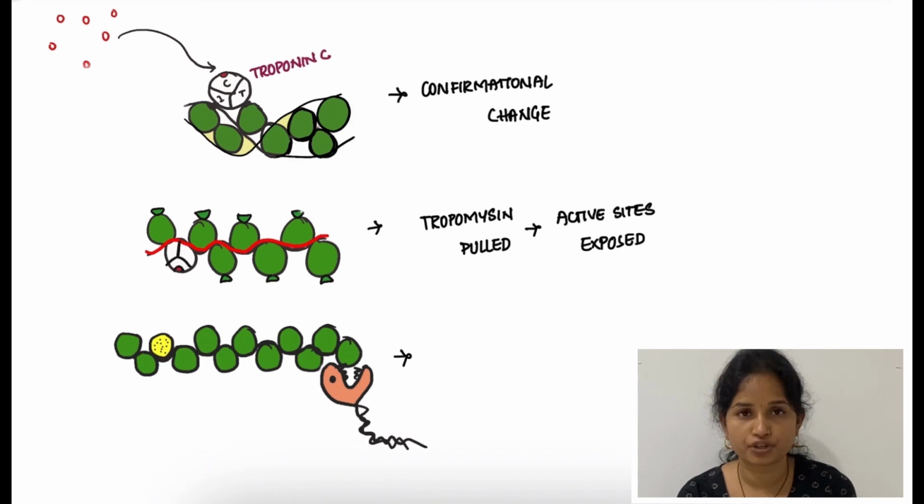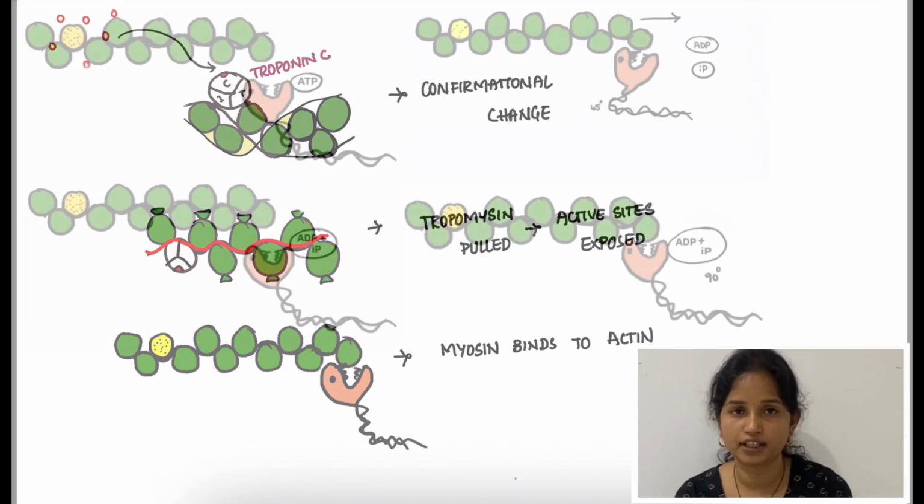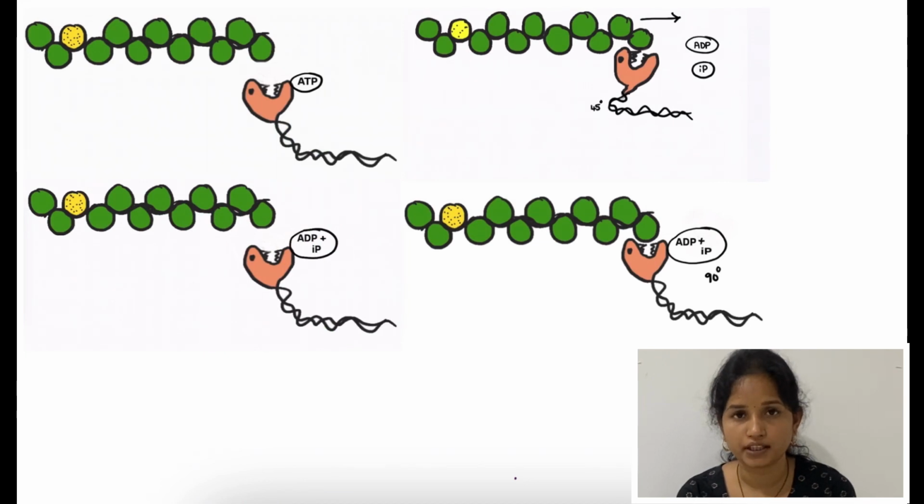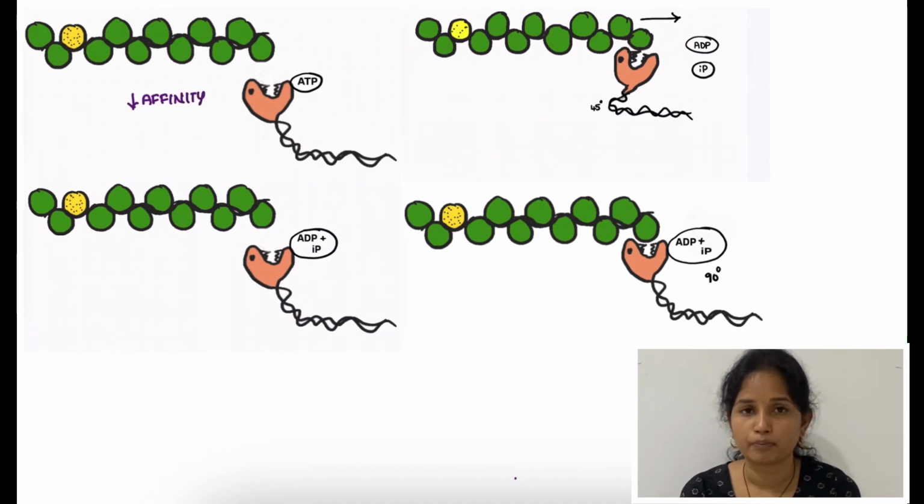With the exposure of active sites, the myosin head, which has 2 sites, actin binding sites and ATP binding sites, comes into play. When ATP binds to the ATP binding site, it has low affinity for actin, but when ATP is broken down to ADP and inorganic phosphate, the energy which is released will cause activation of the myosin head.